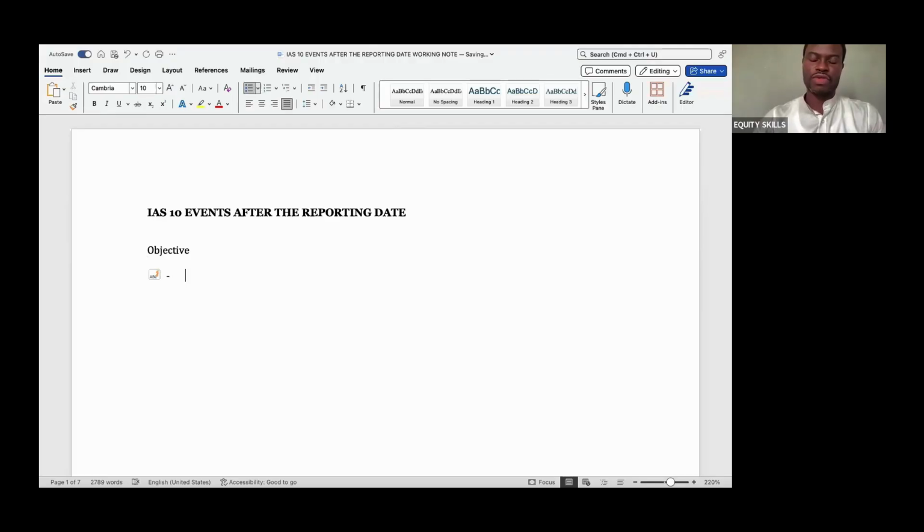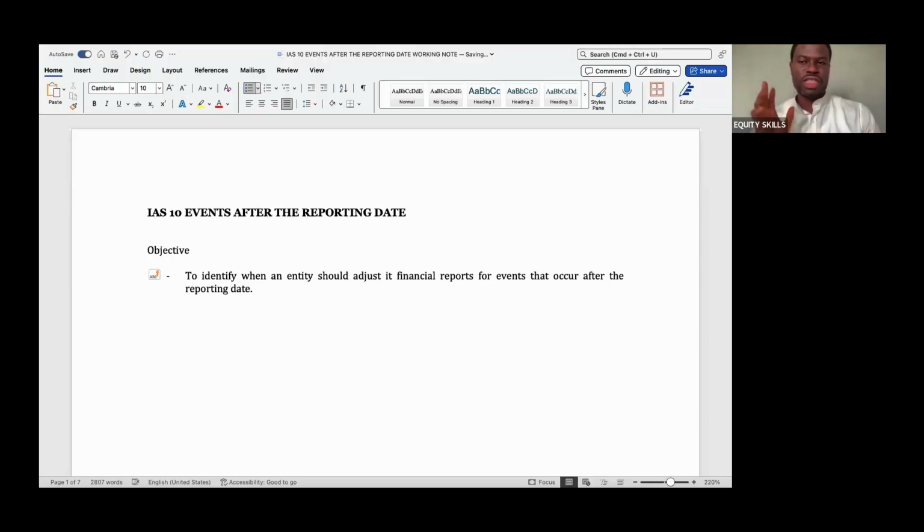Number one is to identify when an entity should adjust its financial reports for events that occur after the reporting date.